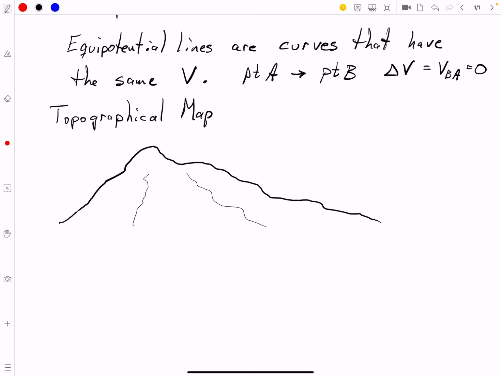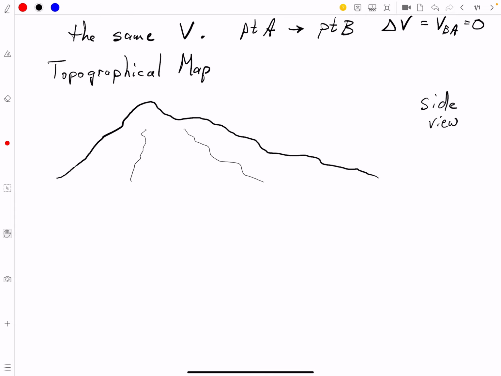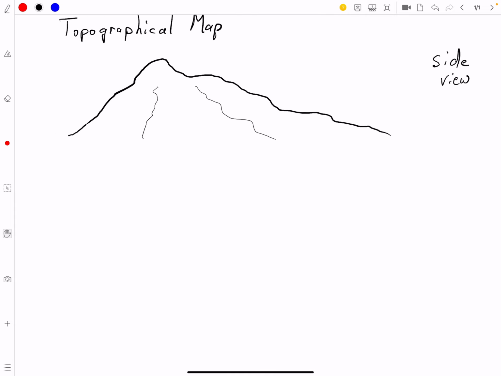So that's the side view of our mountain. Now I'm going to take the peak, and here's our first equipotential line.